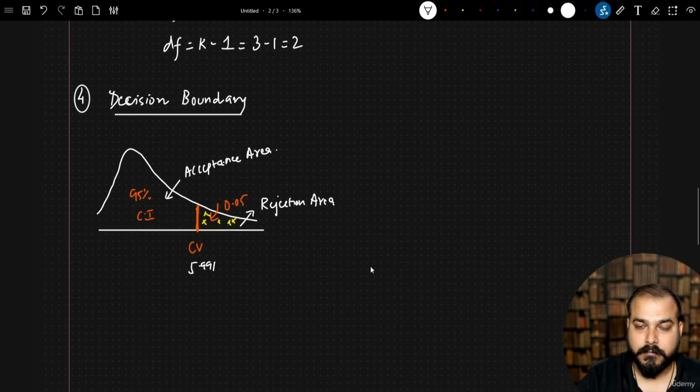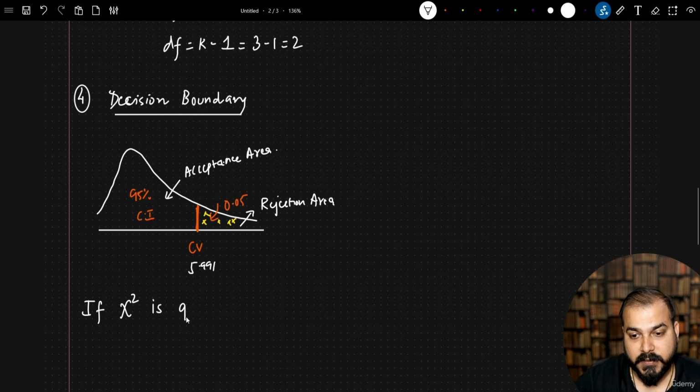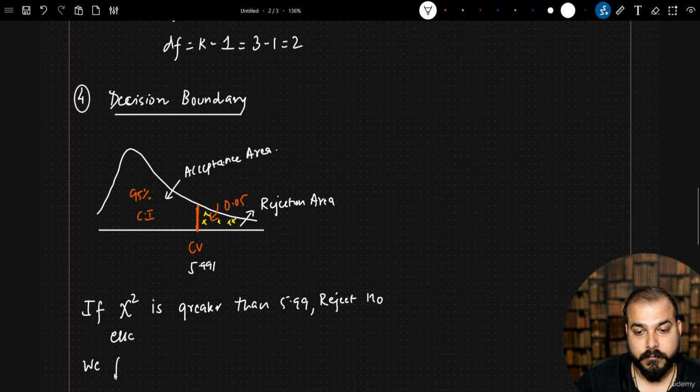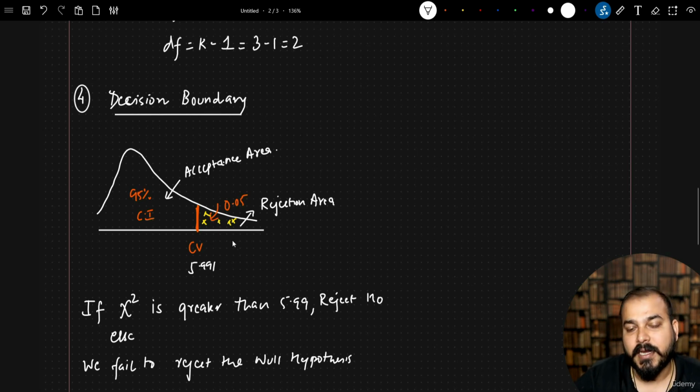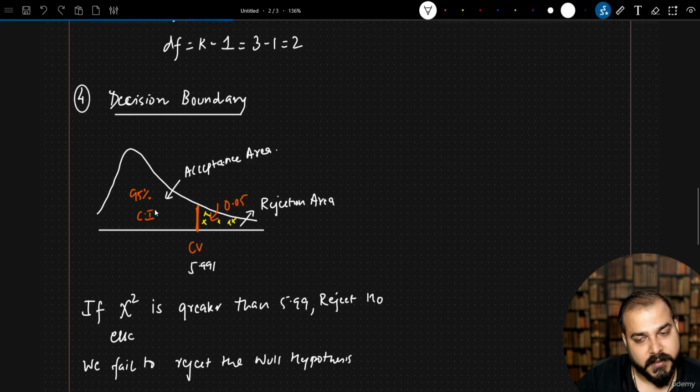Now I can make an assumption that if my chi-square test statistic is greater than 5.99, we will reject the null hypothesis, else we fail to reject the null hypothesis. So if I get a chi-square greater than this critical value 5.991, then we are going to reject the null hypothesis because we are coming to this extreme end. This area is the acceptance area.